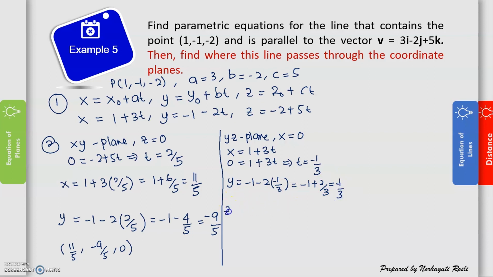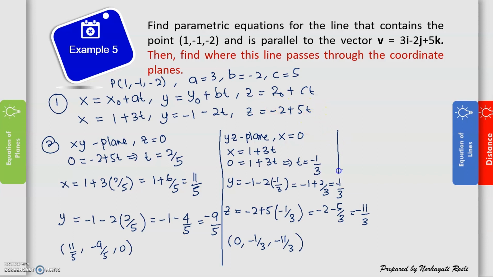And then for z, we have negative 2 plus 5 times negative 1 over 3, so negative 2 minus 5 over 3, which gives negative 11 over 3. So for this second case, the yz plane, we have the point (0, negative 1 over 3, negative 11 over 3).